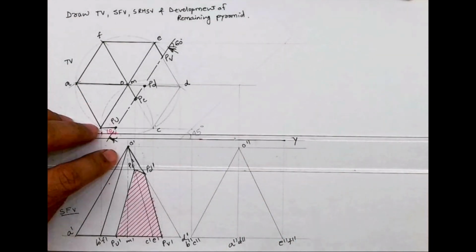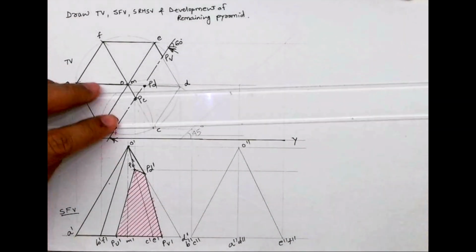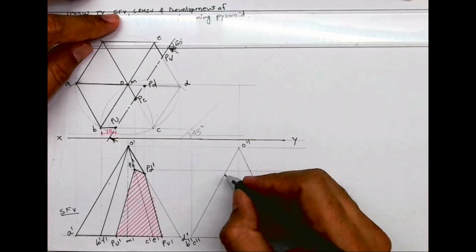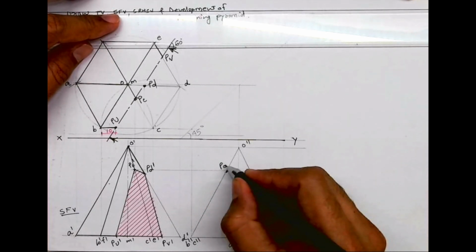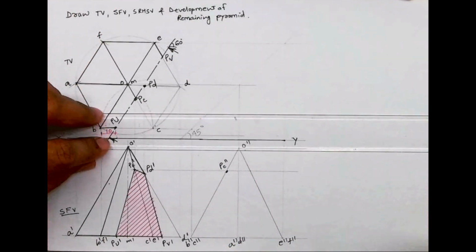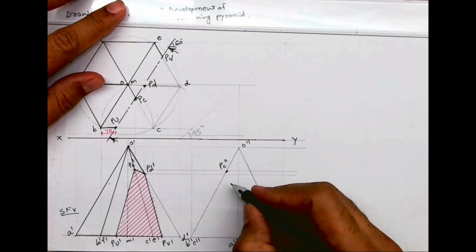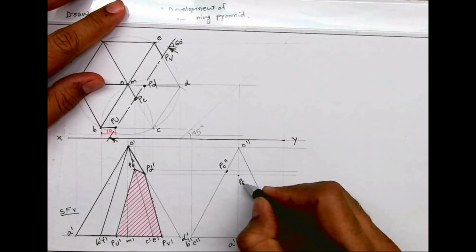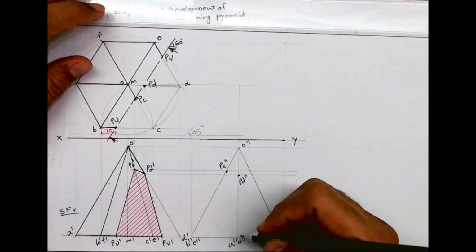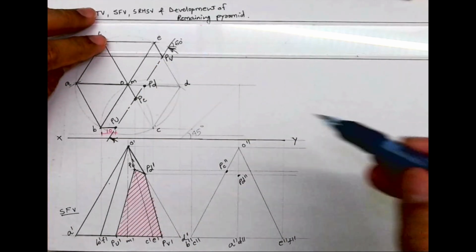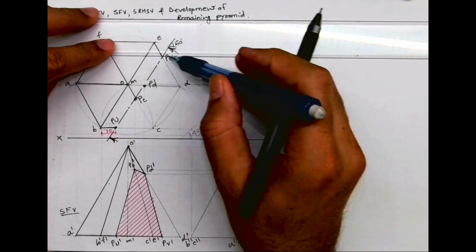Now you can take points from the front view. See, this is PC dash. So where will it come? It will come on this line, PC double dash. That's why naming is helpful. PD dash you extend. Where will it come? In the middle, PD double dash. Now PU, PV you can't project from the front view, so you need to project from the top view.